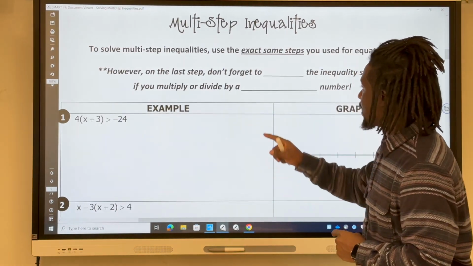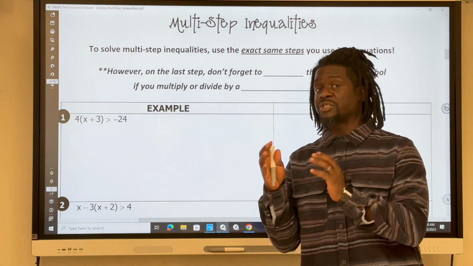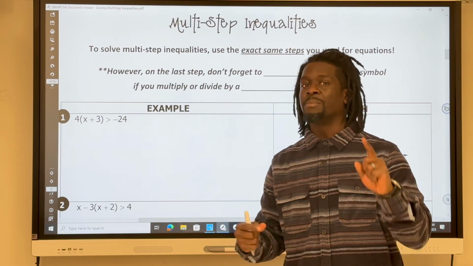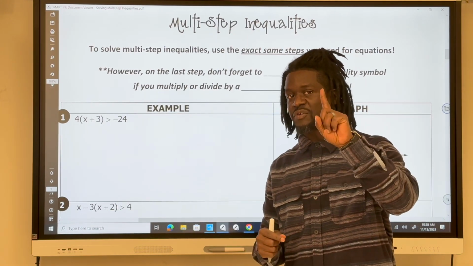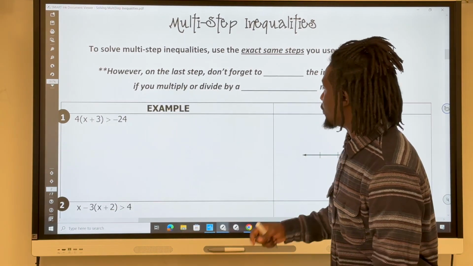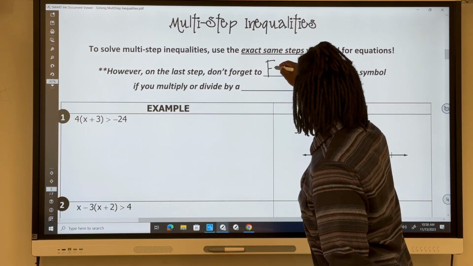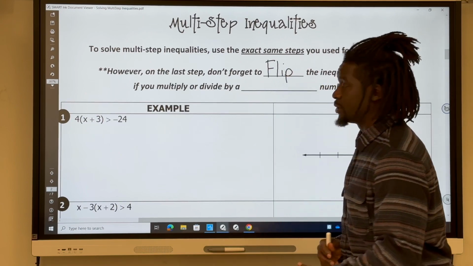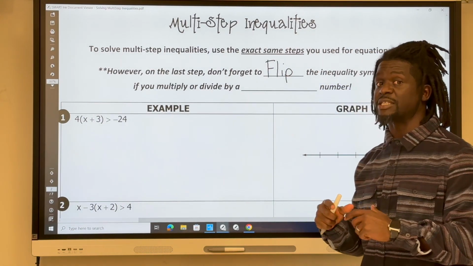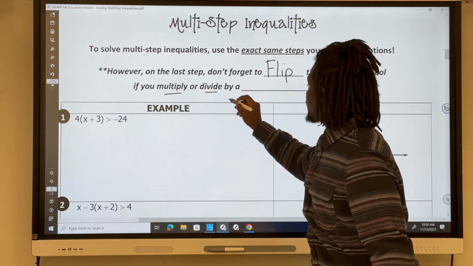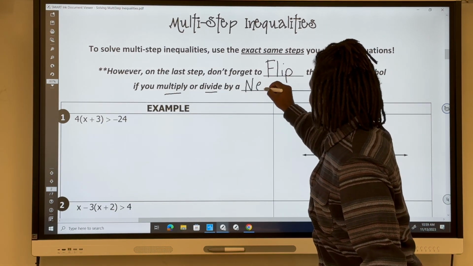Before you start, I want to remind you that solving inequalities and solving multi-step equations are similar, but there is one main difference that you have to remember, which is on the last step, don't forget to flip the inequality symbol. Don't forget to flip it if you multiply or divide by a negative number.